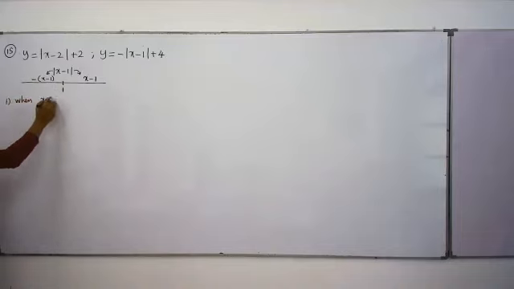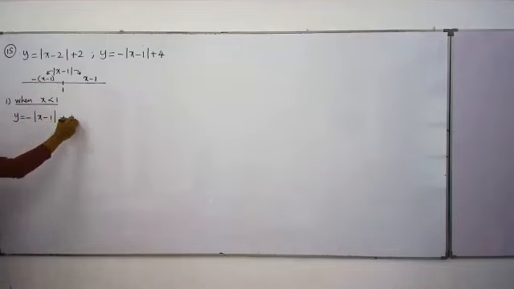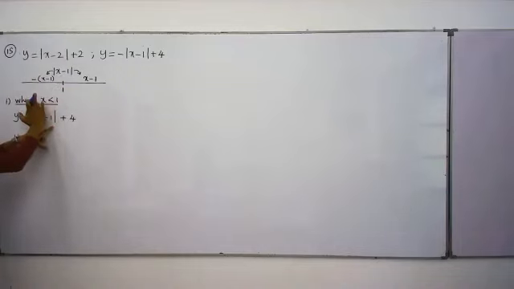When x is less than 1, y equals minus mod x minus 1 plus 4, and on the left of 1 mod x minus 1 is minus x minus 1.